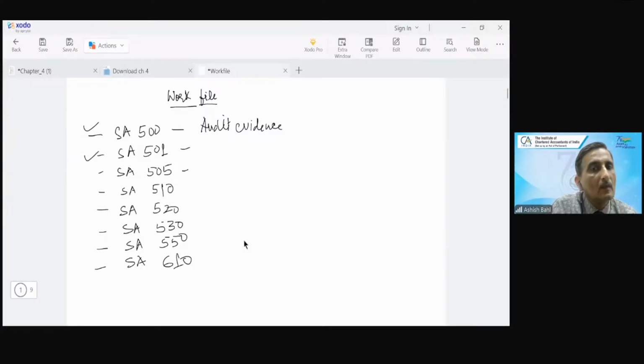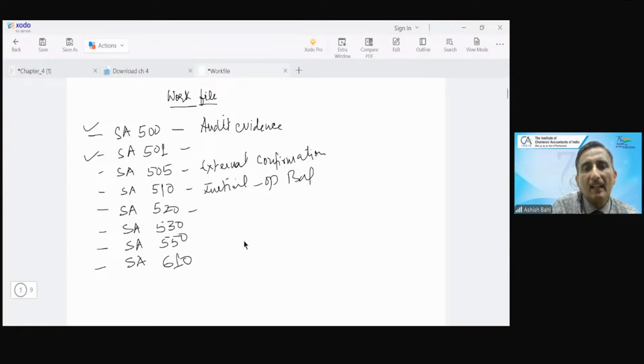Yes. 501 is audit evidence, specific considerations for selected items. SA 505 relates to external confirmation. Yes, you are right. SA 510 relates to initial audit engagements, opening balances.